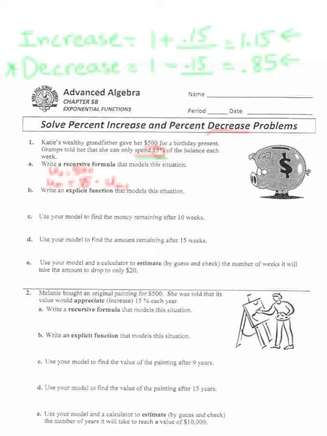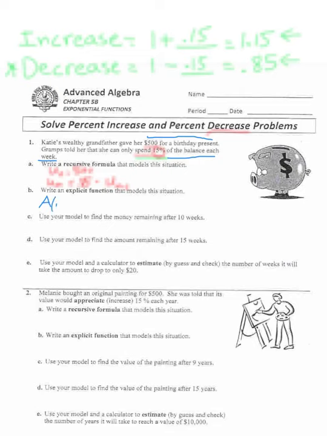When writing our explicit function, we have to determine our input and our output variables, or our independent and dependent variables. So for this problem, Katie now has $500 in her, we'll call it her birthday present account. So we'll say A for her account, and she can only spend 15% of the balance each week. So the input is weeks.